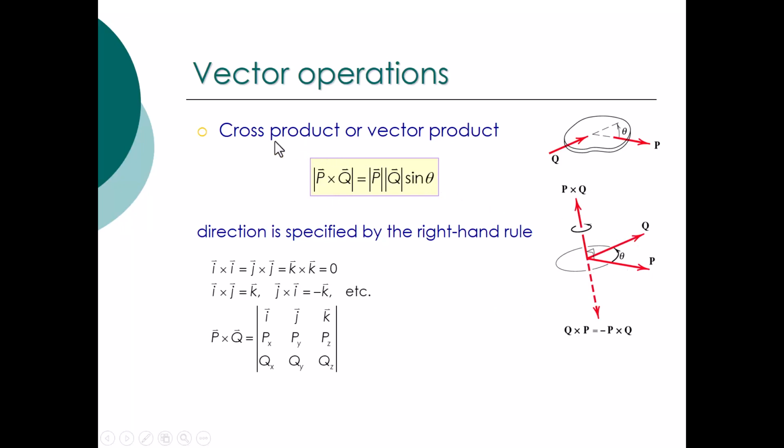We can find the cross product either by multiplying the magnitude of vectors by the sine of the angle between them, which gives the magnitude of the resulting vector, or we can use the Cartesian coordinate of two vectors to find the cross product. The difference is using the Cartesian coordinate of two vectors, we can find easily the direction and sense of their cross product. So it's a very powerful tool.